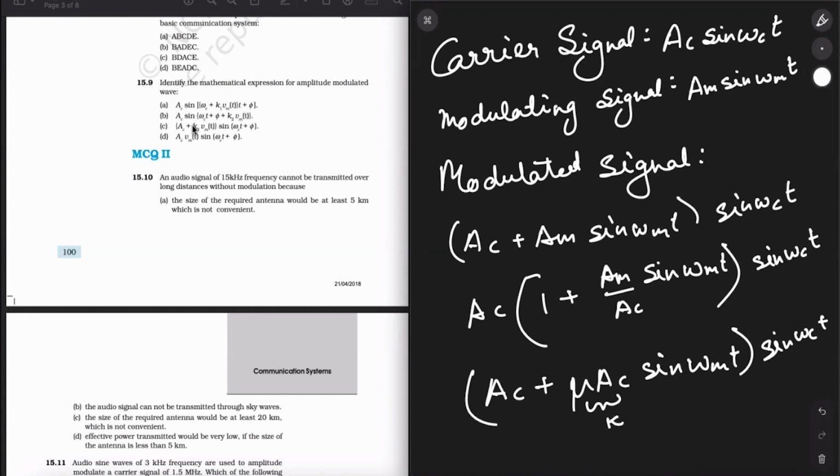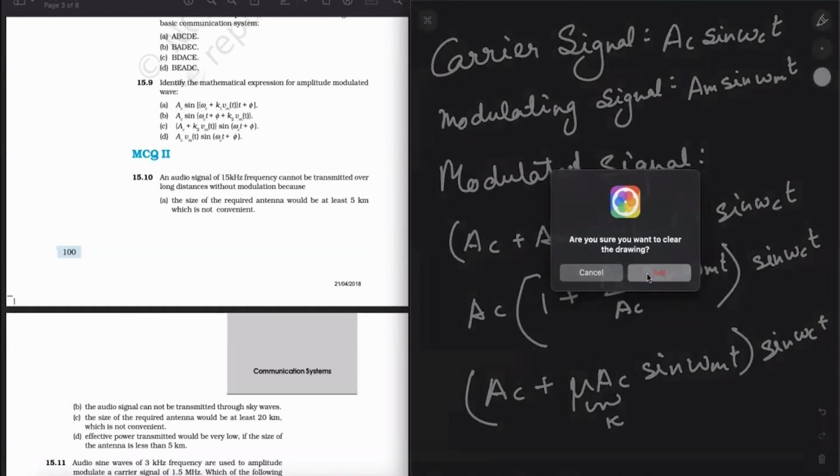Third option, sin ω_C t plus K. This is K, okay. Sin ω_M t, they have taken as V_M t, velocity depending on time. So option C is correct. They have written sin ω_M t as a function of velocity. Okay, so option C is correct for this one.